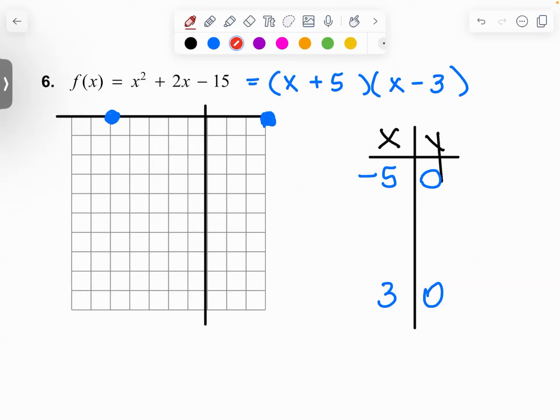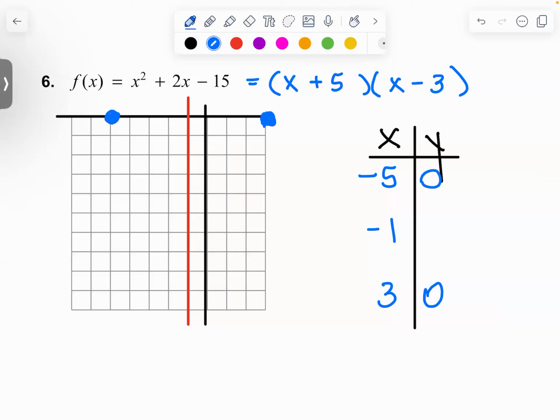Okay, so Ian, since you're very excited, how did he get x is negative 1? Okay, it's in the middle of our two x's. If you need the math, we take negative 5 plus 3 and divide that number by 2.